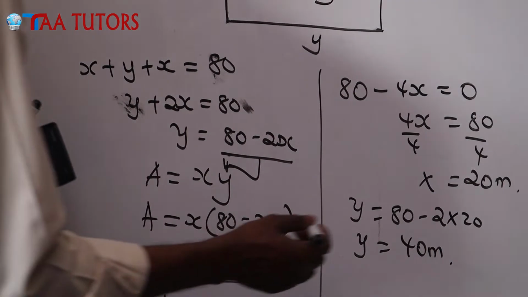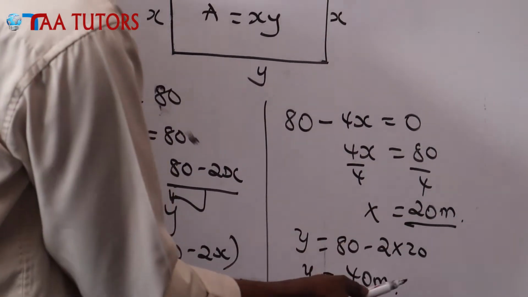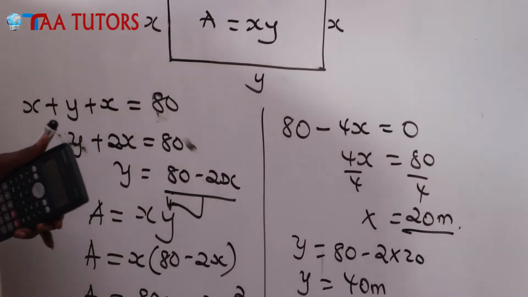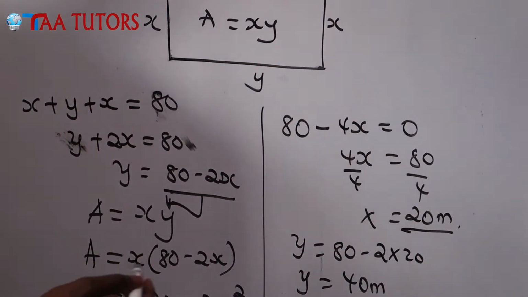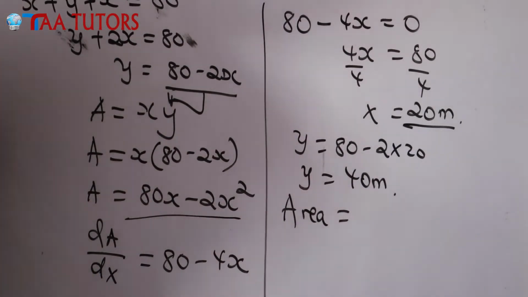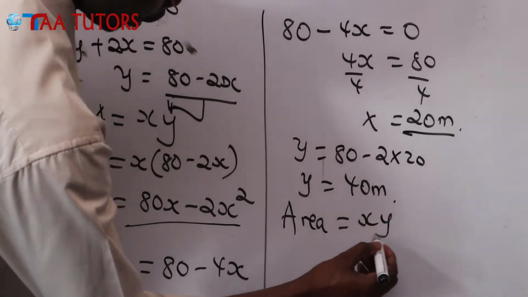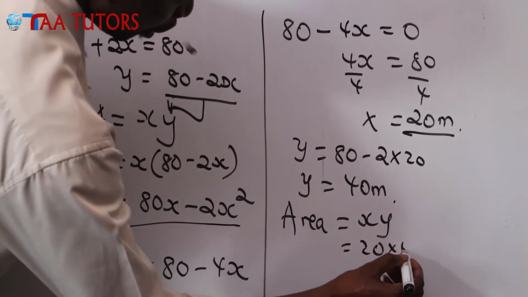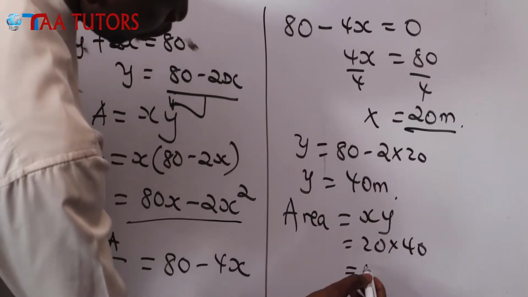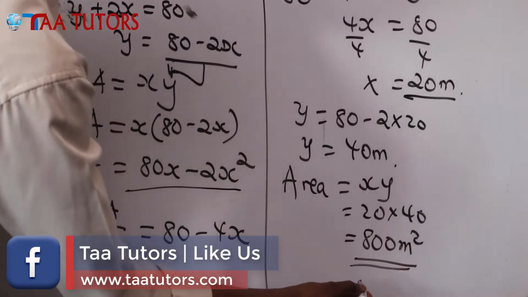So we have the dimensions of the garden, which is 20 meters by 40 meters. It means that the area of this farm will be length times width, which is xy, so that is 20 times 40. That will be 800 meters squared.